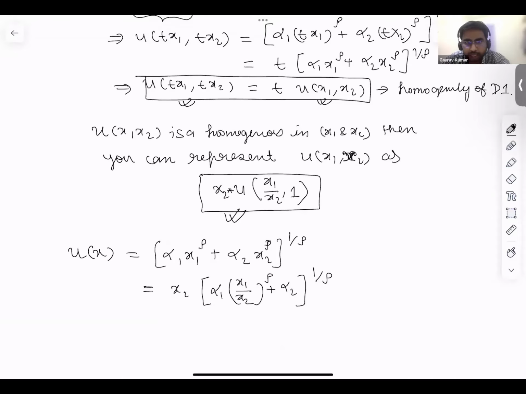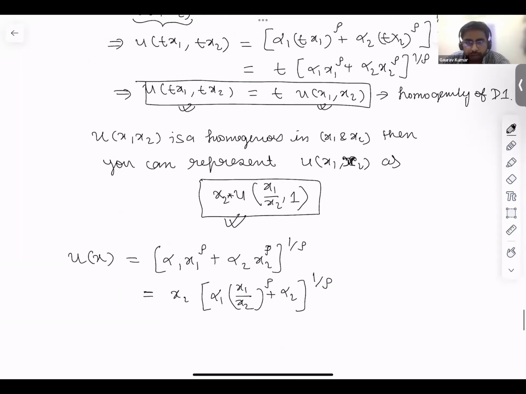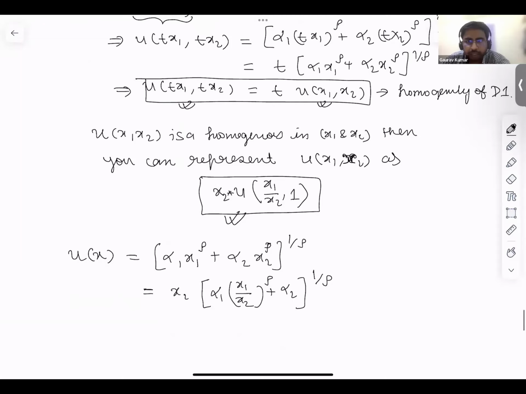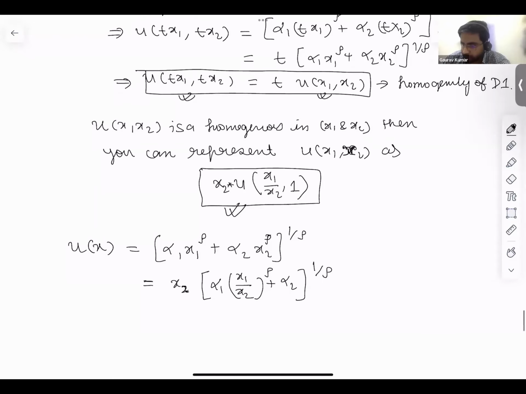Is it clear till now what I have done? I'm using the property for homogeneous functions. Okay, one second, I have a few comments.